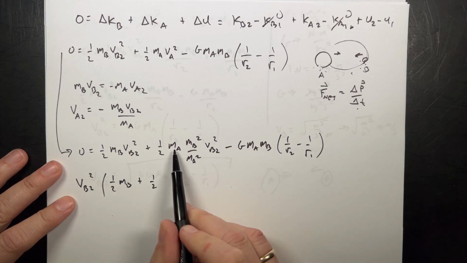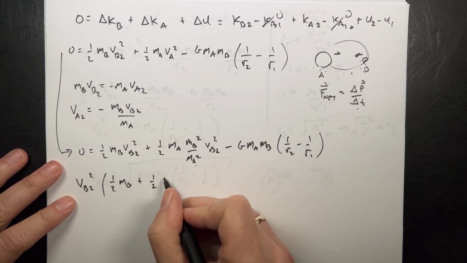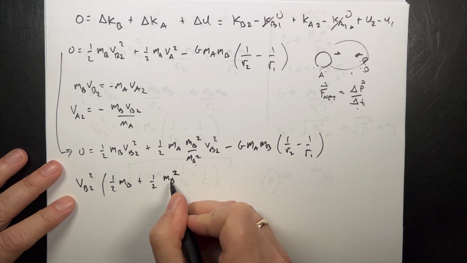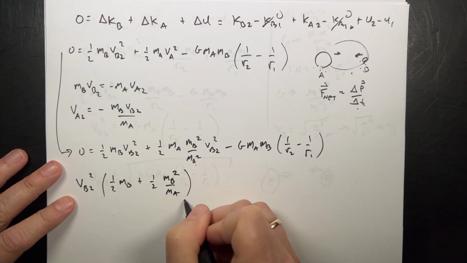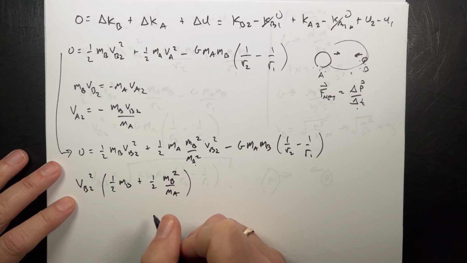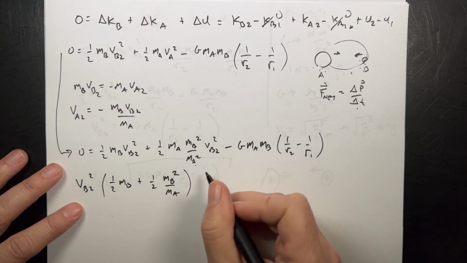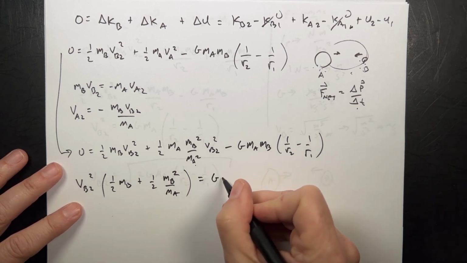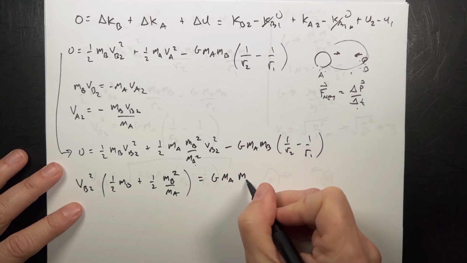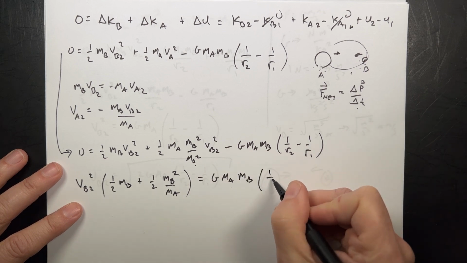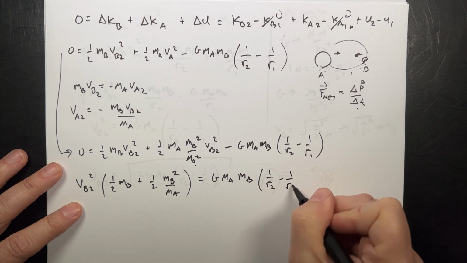Now you see I have an MA over MA squared, so I'm going to just write that as MB squared over MA. Is that okay? I hope that's okay. I'm just double checking. Yep. And that's going to be equal to G MA MB times 1 over R2 minus 1 over R1.